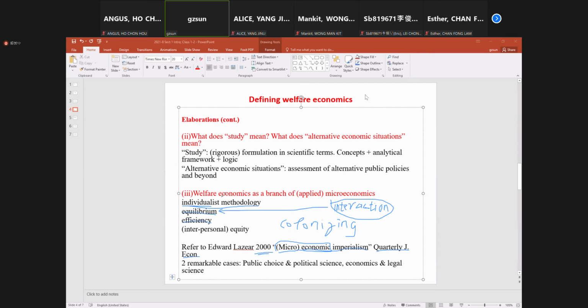Then we put them together. You sell, I buy, and another person buys, another person sells. So therefore, we are competing. We are interacting. It's not enough to consider one individual person's choice. We must consider everybody's choice.